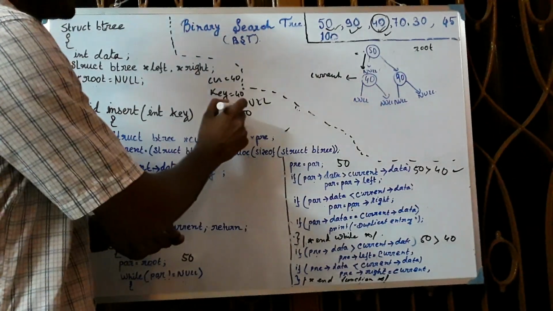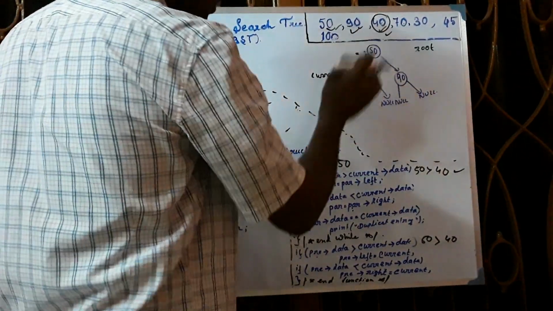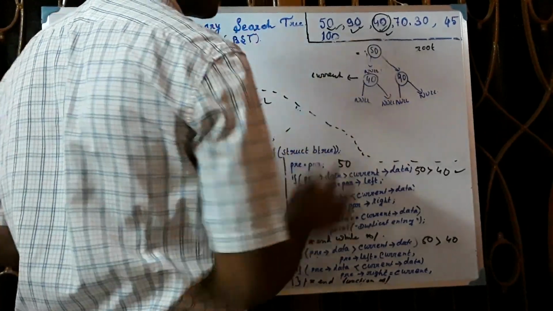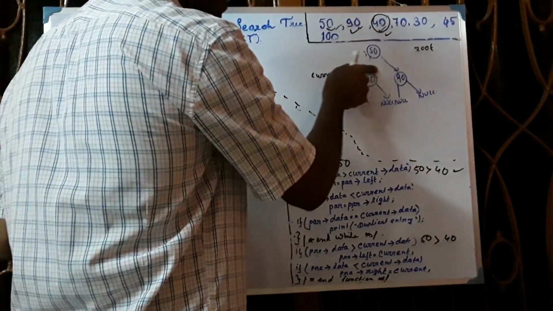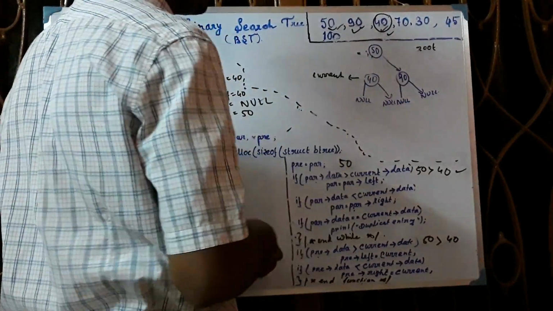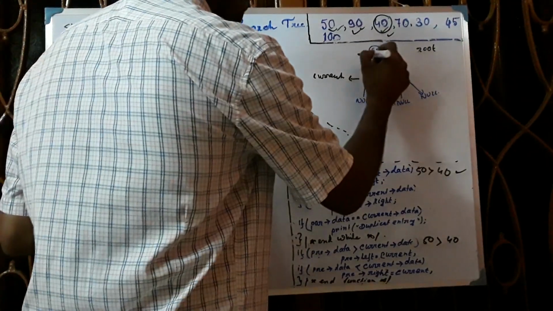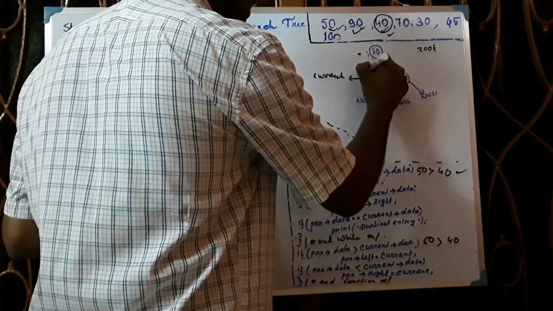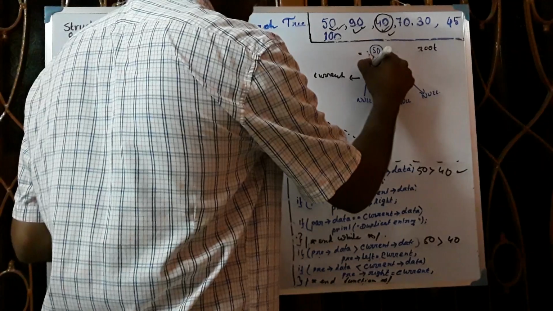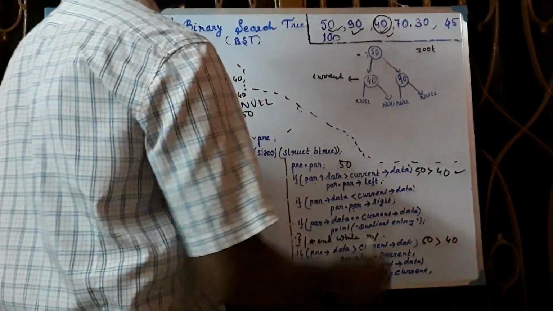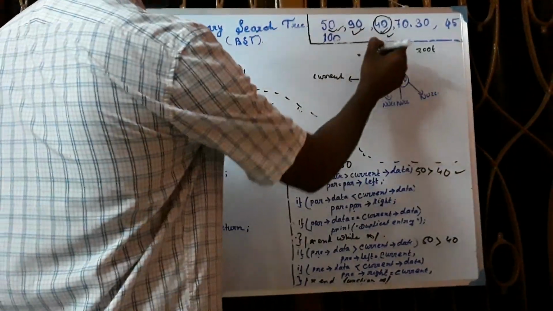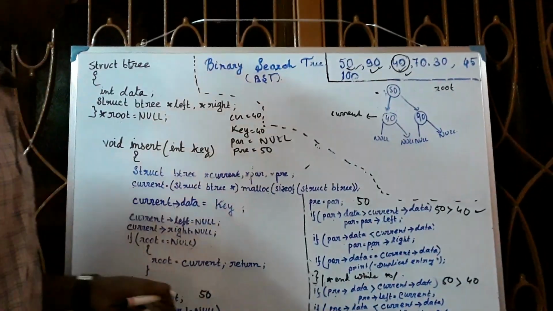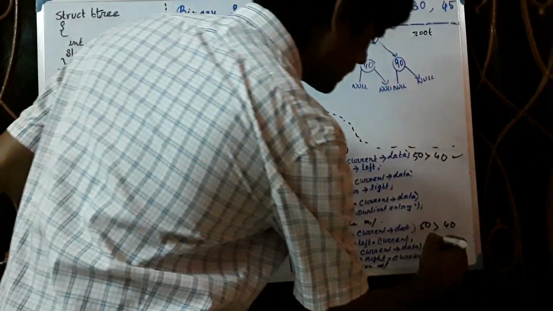So pre left. What is pre? This is my pre. Pre is 50. So its left will become linked to current. So I can draw picture like this. Pre is referring to its next node current. So these two are linked now. So who came as the left child of 50? Here 40 came. Now this is working correct.